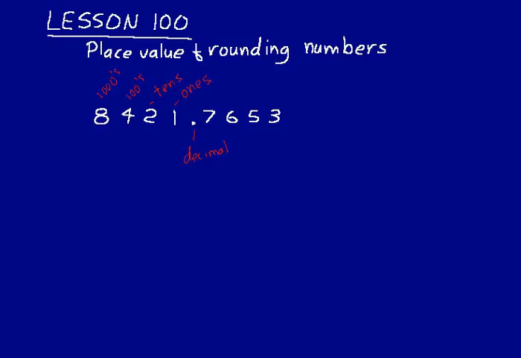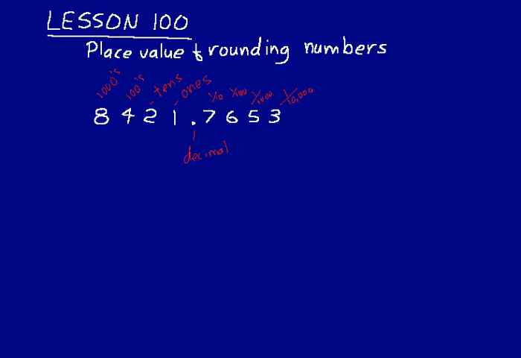Ones, tens, hundreds, thousands, 10,000s, hundred thousands, and so on. Now to the right of the decimal point, we start with the tenths, or 1 over 10, and then the hundredths, 1 over 100, then the thousandths, 1 over 1,000, then the 10,000ths, 1 over 10,000.